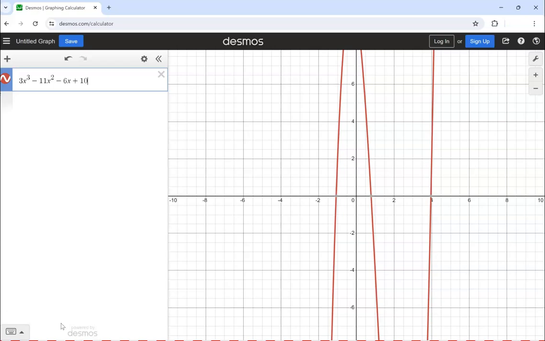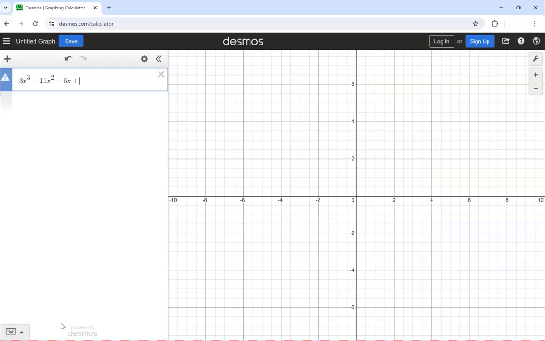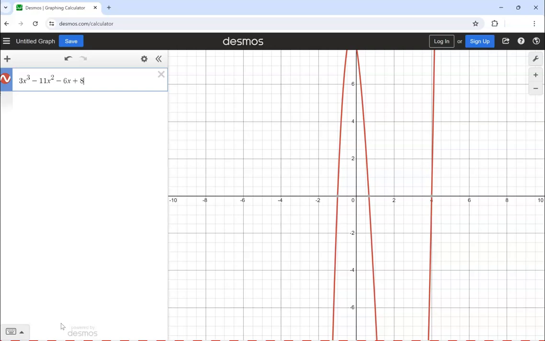Oops, well, thank you. Why did I get a 10? Don't know why I put 10. All right. Notice that we see this thing on here crosses the x-axis 3 times.